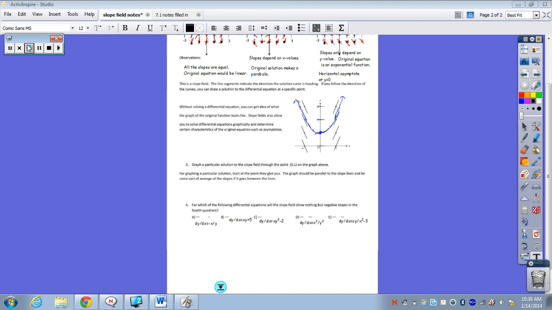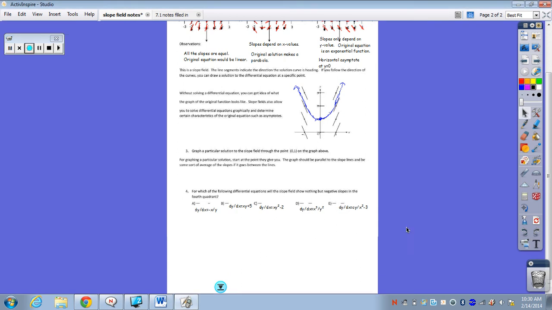And then the last question on here that we're going to do today is an application question. So for number 4, it says, for which of the following differential equations will the slope field show nothing but negative slopes in the 4th quadrant? So if I think about the 4th quadrant, we know the signs are positive, negative. So what we want to think is, when I plug in a positive x and a negative y, what would be my slopes?